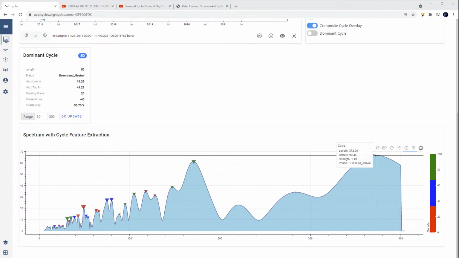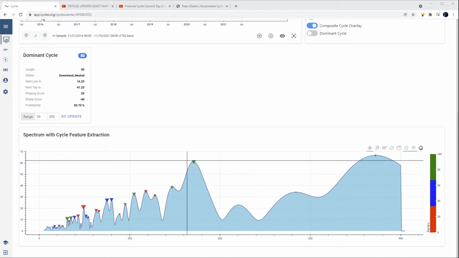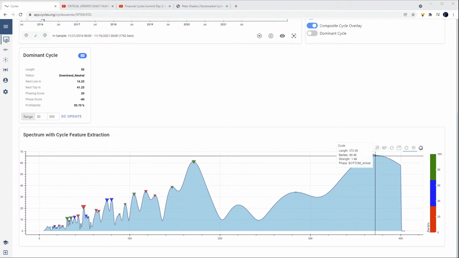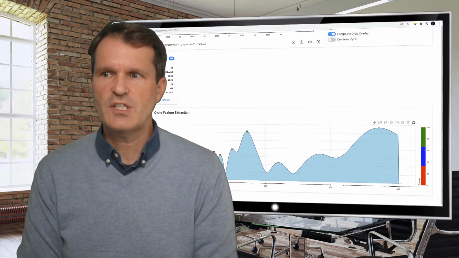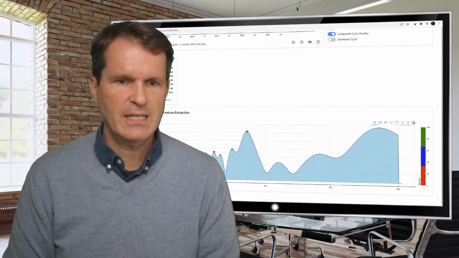Again, we could argue it's a harmonic relation between these two cycles in regards to their length. Not exactly, but close to a ratio of 2, which is, according to Hurst, a harmonic relation. We should pay attention because the ratio of 2 is always important, and it has a very high Bartels score. So that's the key digital signal processing we are using here for our analysis.